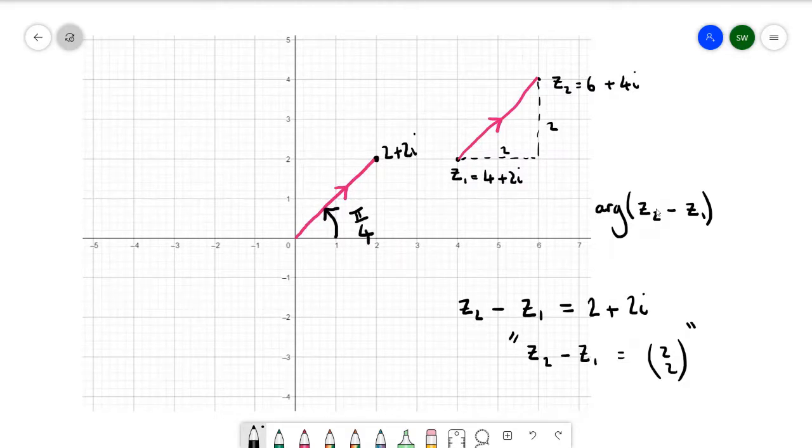So you can think about the argument of one complex number minus the other as the angle that the vector makes with the positive real direction, the positive direction to the right. So we could have just said, well, that angle is pi over 4, so that's the argument of z2 minus z1.